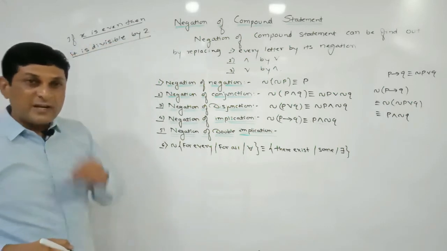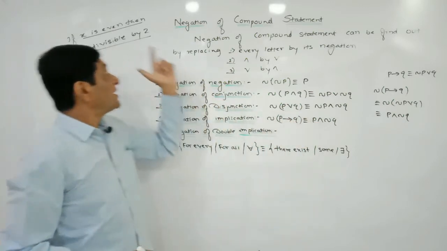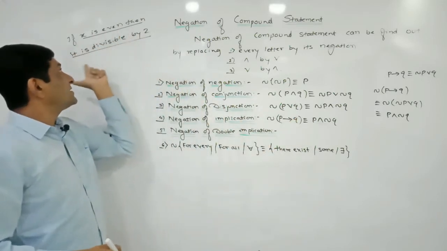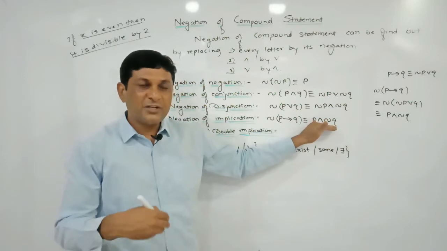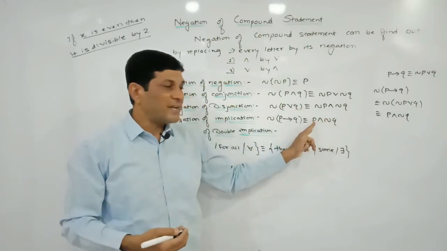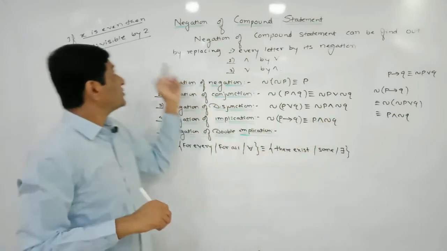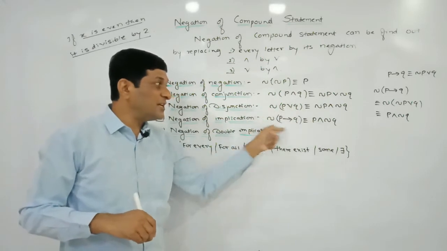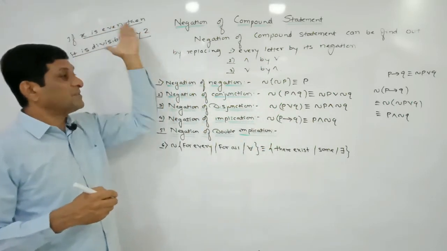If we want to find the negation, we have to use this result. P means x is even, and Q means x is divisible by 2. Now convert this symbolic representation into verbal form. P means x is even, and it is not divisible by 2 will be the negation of this statement. Don't use "not" in the first part of this statement.